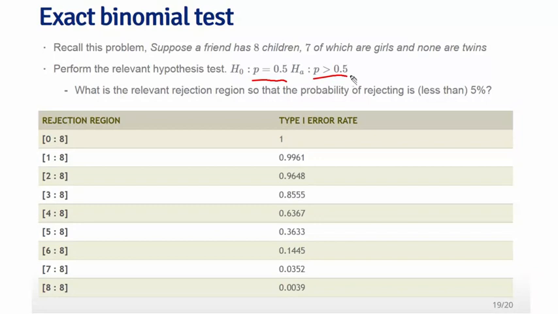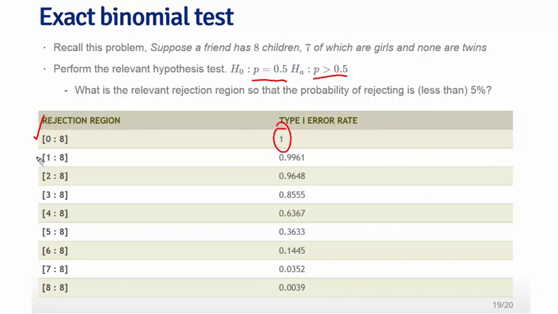So if you were to set up a hypothesis test, what would be the number of girls that the couple could have in order for the probability of having that many or more to be 5% under the null hypothesis of a fair coin? Well, if we set up our rejection region, in other words, we're going to reject the null hypothesis if the couple had anywhere between 0 and 8 girls, well, of course, we would always reject.